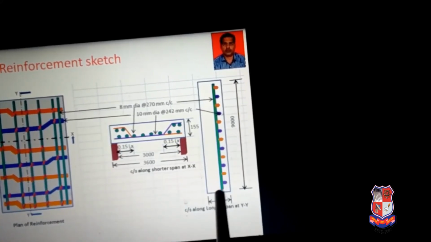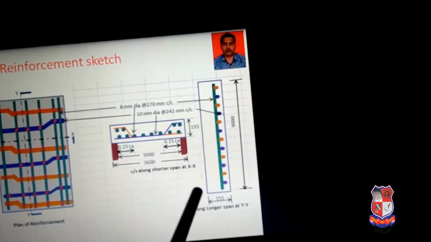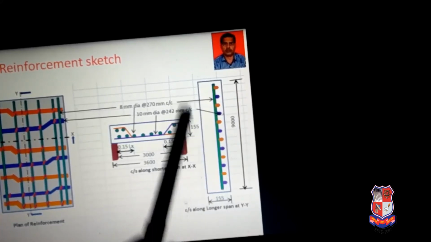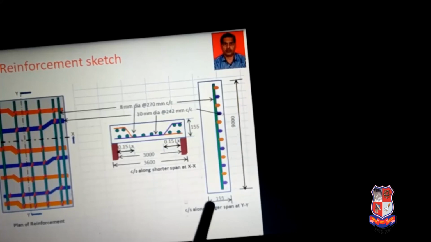Now the different colors mean: if it is blue, it is coming from the left side and bent up on the right side. If it is yellow, it is coming from the right side and bent up on the left side. So different colors mean the alternate bars are bent up and begin from different supports, and this way the whole cross section at YY can be drawn, so it is clearly visible from the sketch.